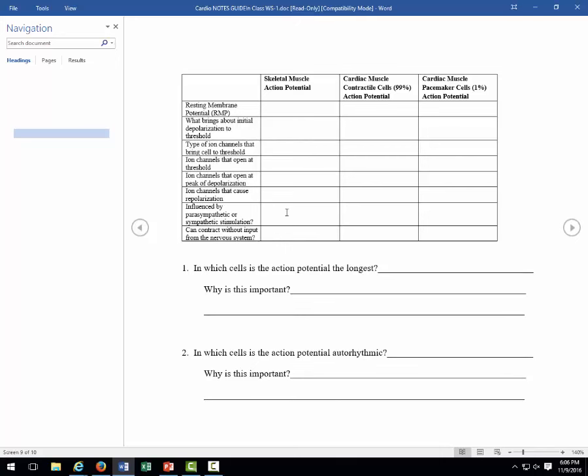Contractile cells, are they influenced by the parasympathetic or sympathetic nervous system? Yes. Because we know that epinephrine goes to the blood, right? Which binds to receptors on the heart.